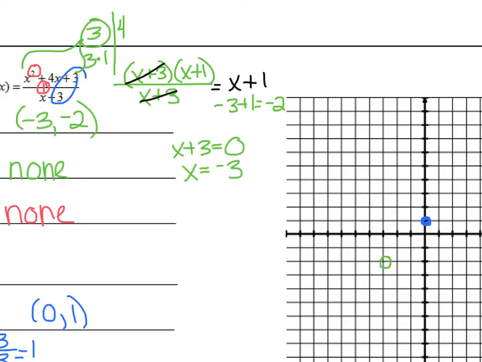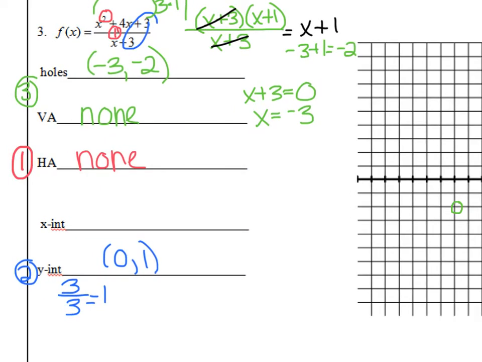And our last piece of information is our x-intercept. Well, the x-intercept comes from whatever is left on top. What's left on top is an x plus 1. So we're going to put x plus 1 equal to 0, which means x equals -1. X-intercept we write as an ordered pair, (-1, 0). So I graph that.